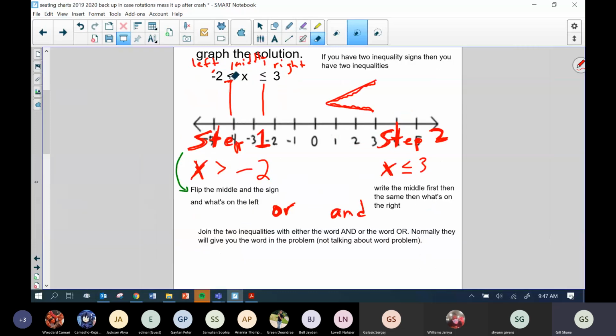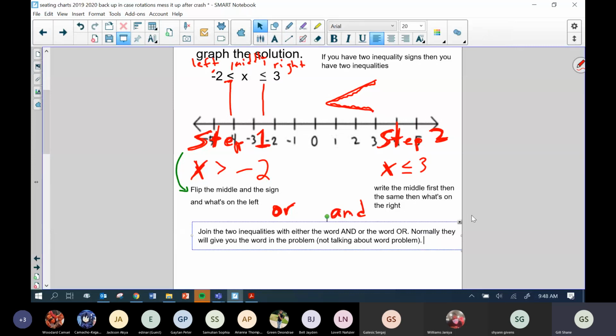So if they don't give you a word right here, so let me finish typing it in. There we go. If they don't give you the word, like they didn't give it to us here, then use and.